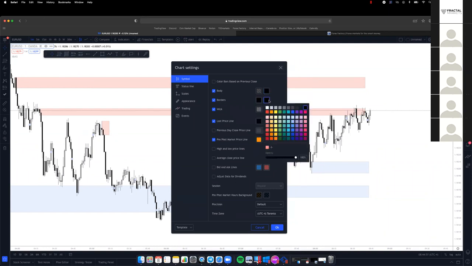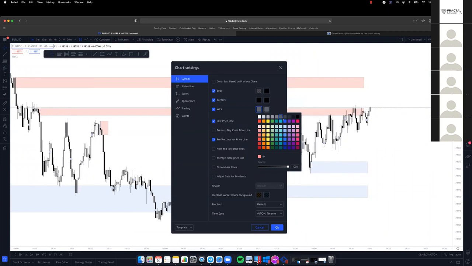Borders, 100% black. Wicks, you can do whatever. I have them at this gray, 6 over, 100%. Same thing with the other one. And that's basically it.